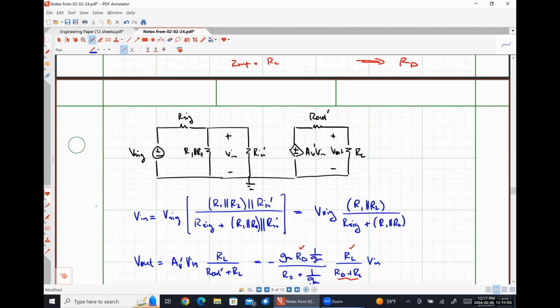So I can put the red box on here as well for what it's worth. So we just replaced that transistor amplifier portion with this equivalent circuit because it makes it very easy to analyze the system as a whole.